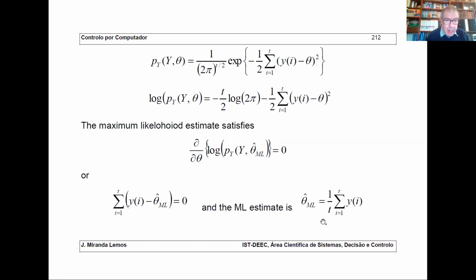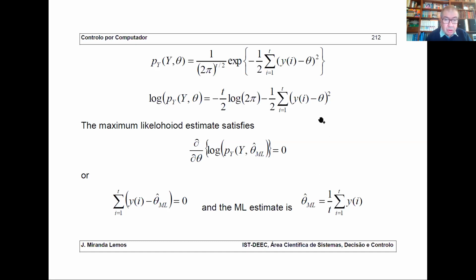Okay. Now, one thing that you can see in this example is that with Gaussian noise observations, you end up here with a quadratic cost. So this is the same as what you would obtain if you would apply least squares to estimate theta.